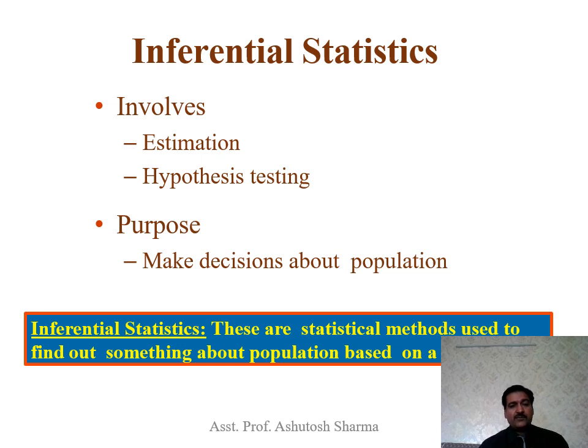Basically, inferential statistics helps us in collecting the data, in preparing the questionnaires, and taking a sample from the population, making inferences about that population on the basis of statistics we calculate from that sample. So we come to know that statistical techniques can be divided into two categories: descriptive and inferential statistics.